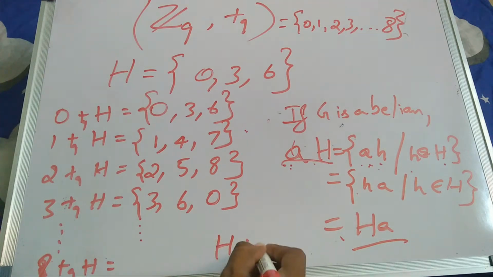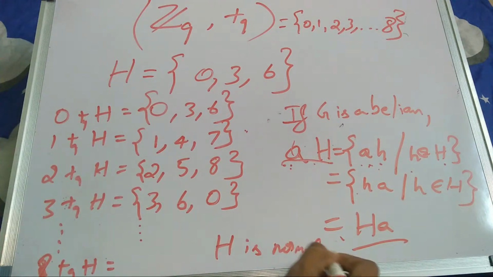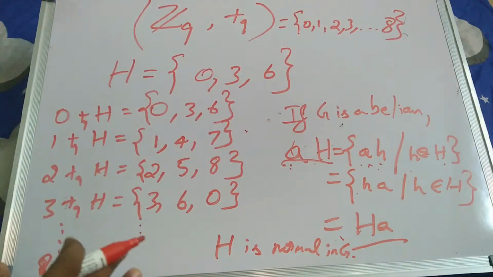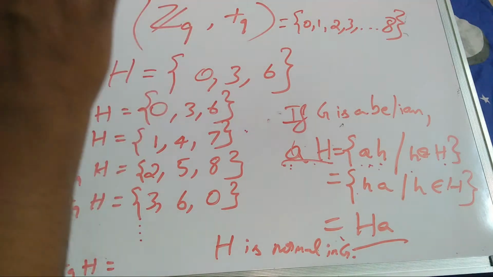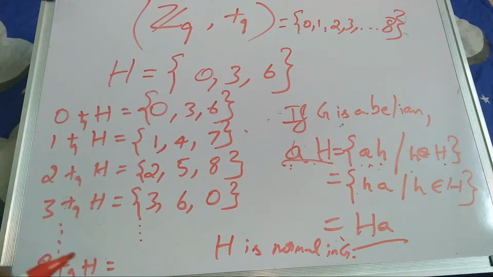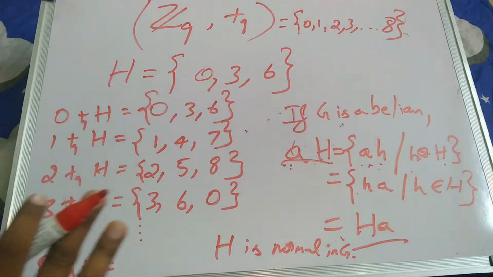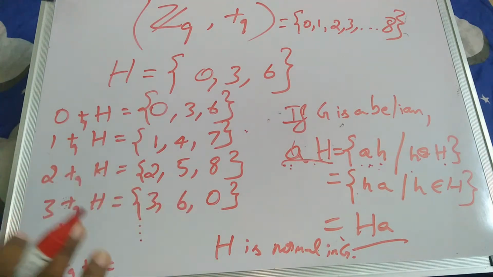So H is normal in G. Whenever G is abelian, if we consider any subgroup of it, it is going to be a normal subgroup. So it is not necessary to check these things. That is what my aim is to say. In general, if we have proven that the group is abelian, whatever subgroup we take, it is going to be a normal subgroup.